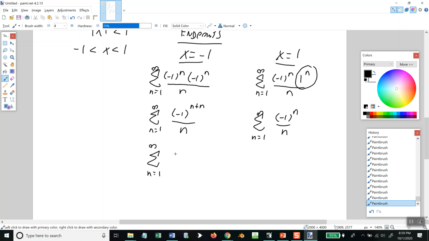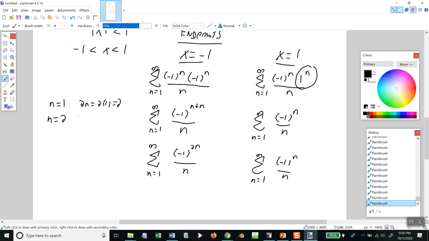Now, n plus n is 2n. When n equals 1, 2n becomes 2 times 1, which is 2.